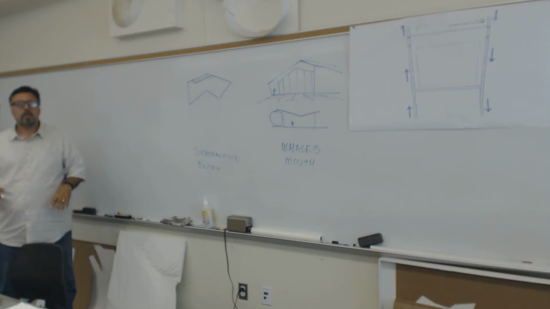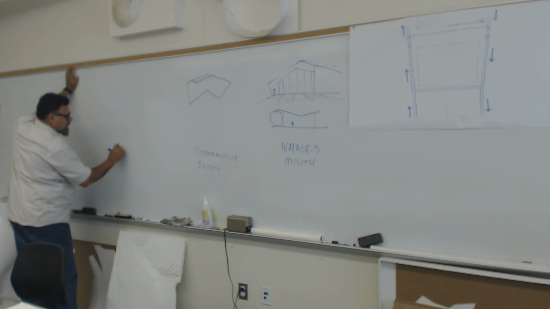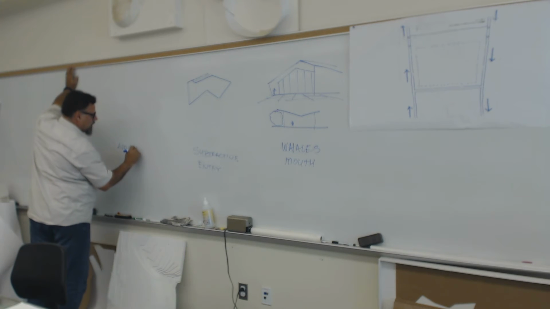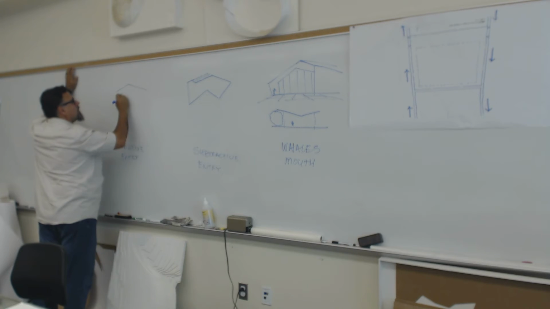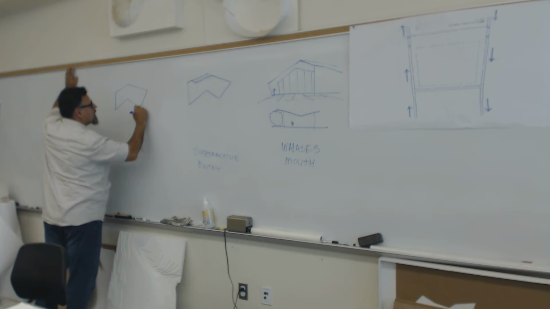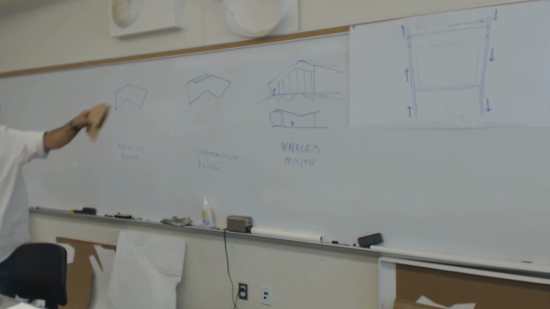And then the third one is going to be the additive entry. And that is where you have this piece that's been created here. You have this design for this object, and what you're going to do is create a canopy.